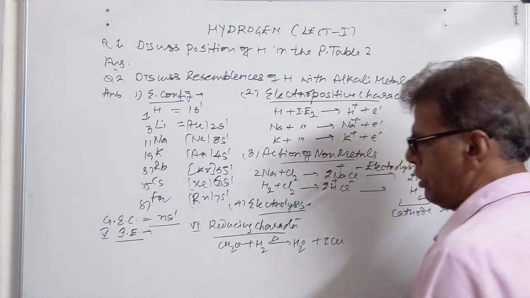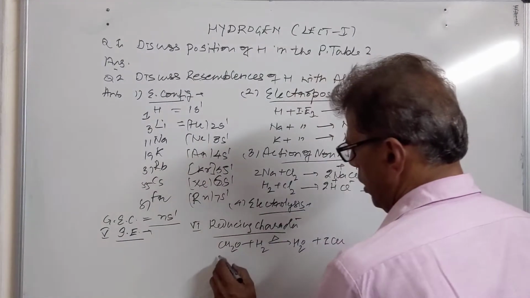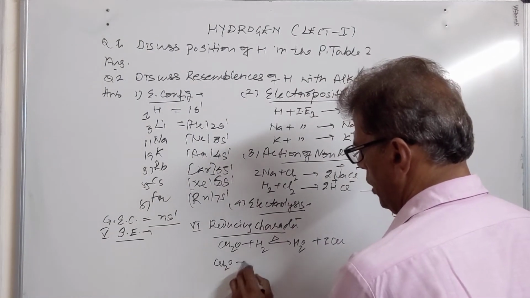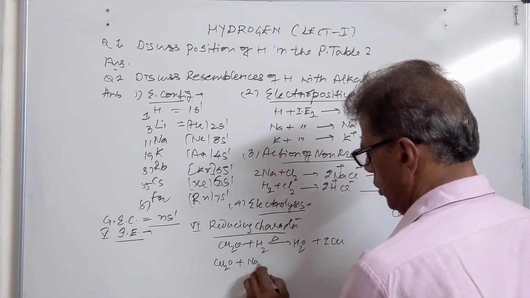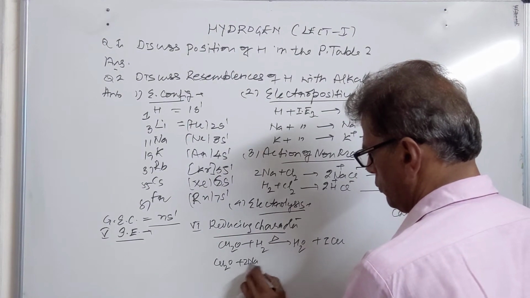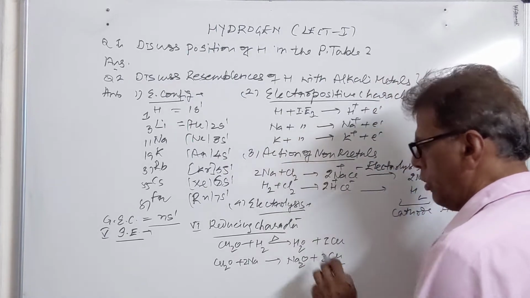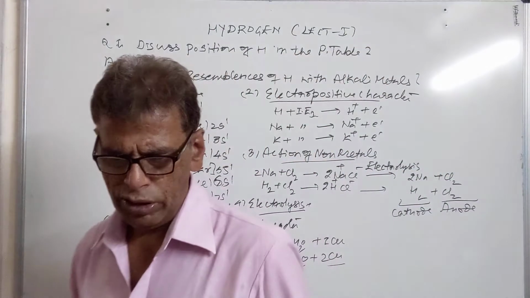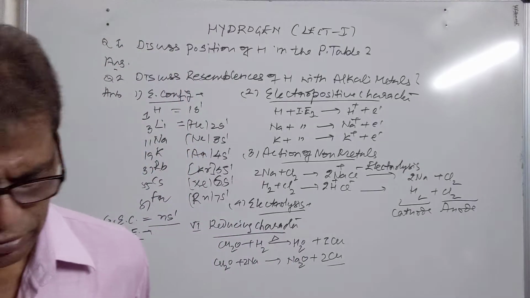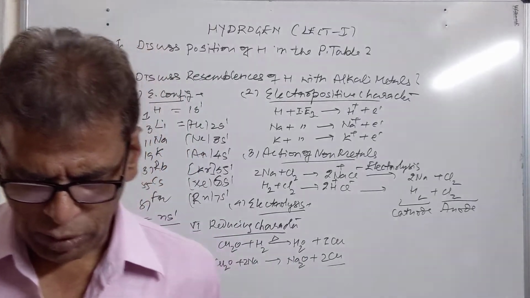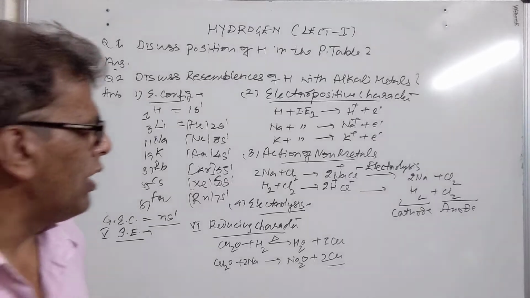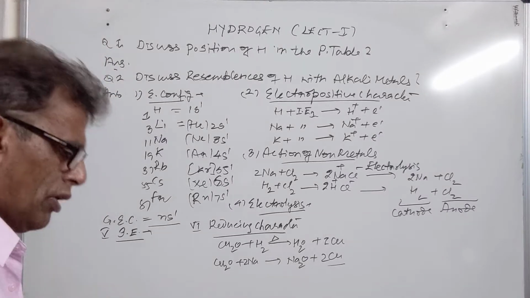Cu is produced during this reaction, similar to alkali metals. They can also combine with cuprous oxide to give Na2O plus 2Cu. So it behaves as a good reducing agent, just like the alkali metals. All these properties show the resemblance of hydrogen with alkali metals.